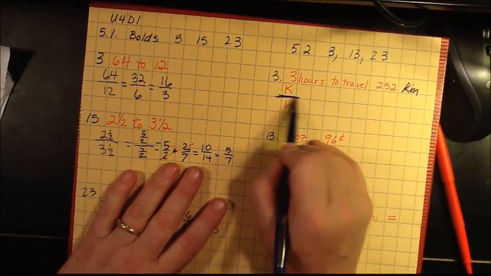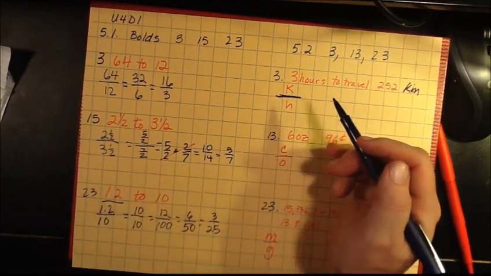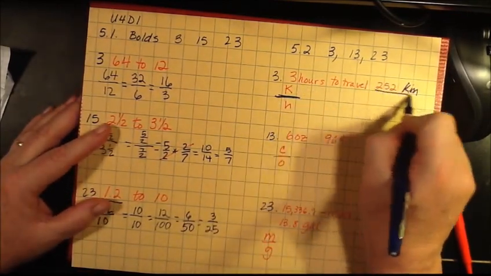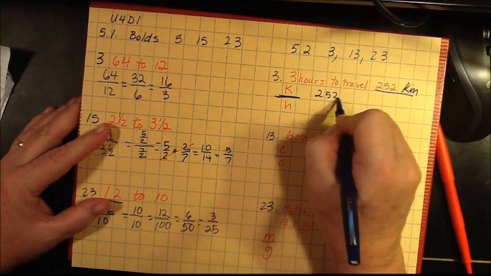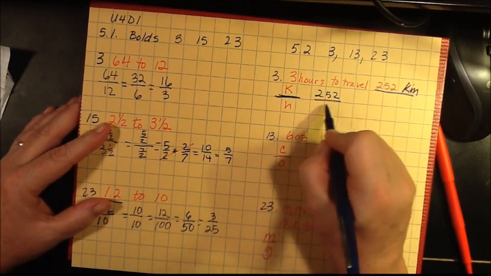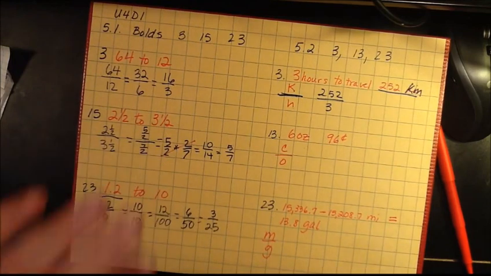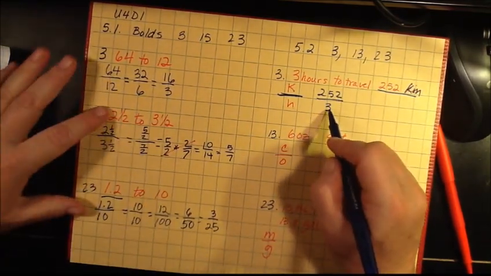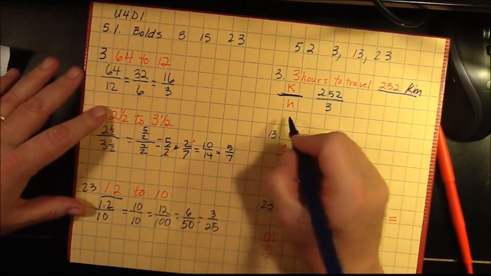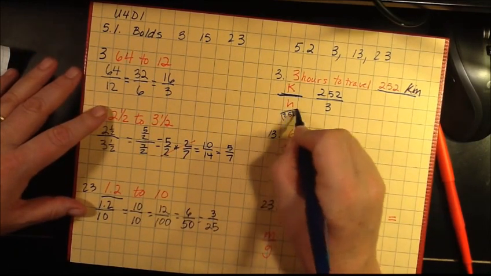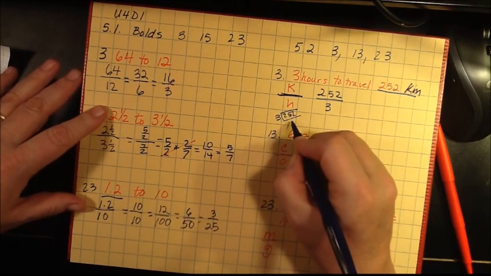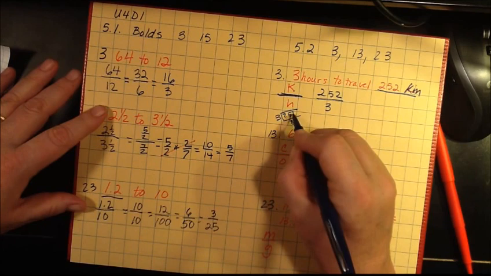Remember that line like that? We can read that as per. So here we have kilometers is 252 and hours is 3. To get this to be something over 1, I need to divide this into this. 252 divided by 3, let me try some short division. 3 goes into 25 8 times with 1 left over. 3 goes into 12, 4.